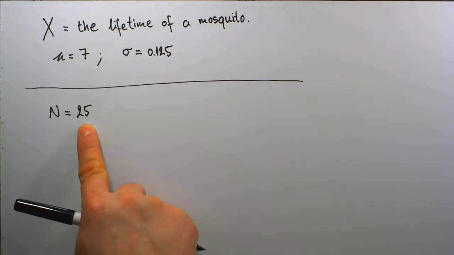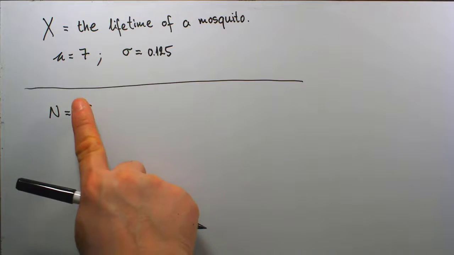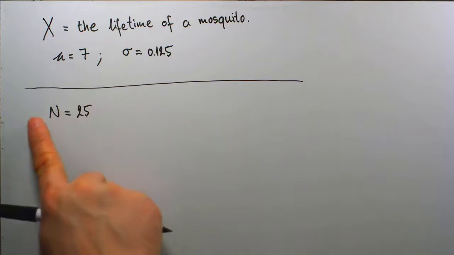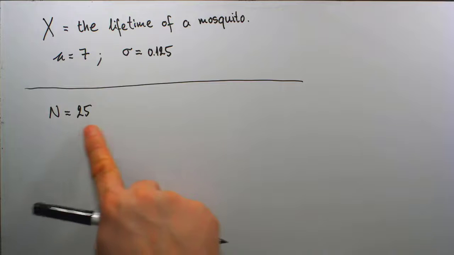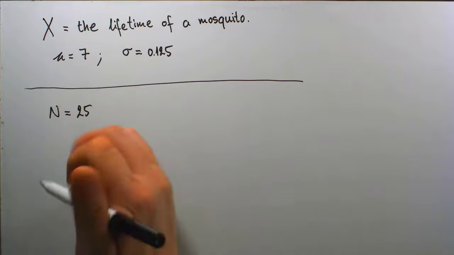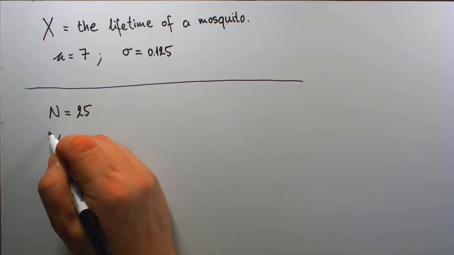So 25 mosquitoes in this problem is only one sample, but our sample is not the only sample. We can have infinitely many other samples. And so in that way, in this sample of 25 mosquitoes, we may have our own sample means.